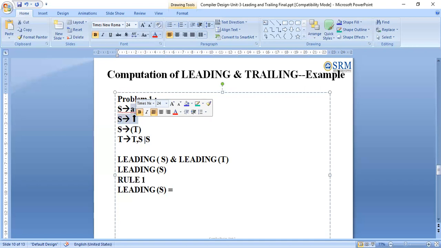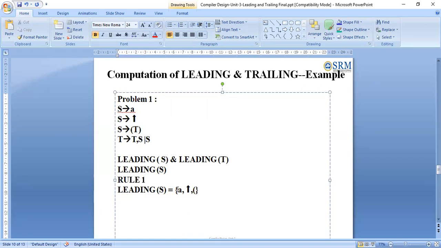Other than terminal symbols, nothing is there in this production. Here you have only the exponent operator and here you have the open bracket. So the leading of S as per rule 1 is a, comma, exponent operator, followed by open bracket, right?